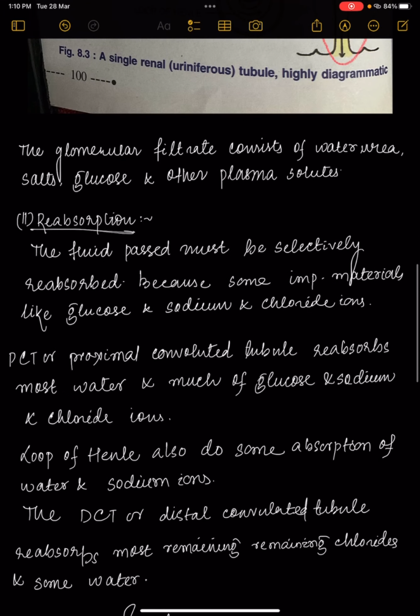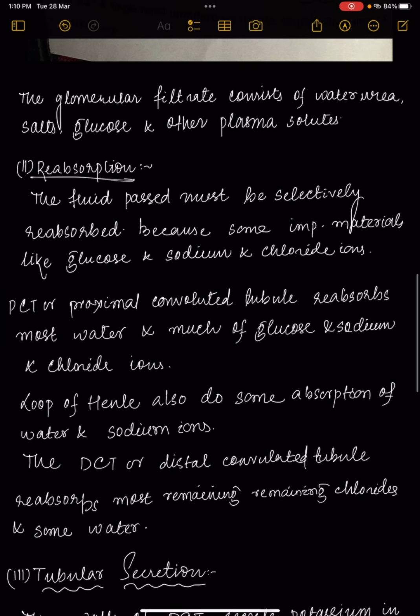Now I will discuss reabsorption. The glomerular filtrate which has entered the renal tubule consists of water, urea, salts, glucose and other plasma solutes. You can notice that except urea, all the others are very important for our body.